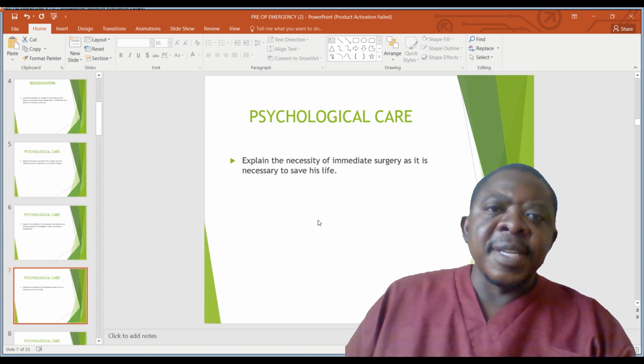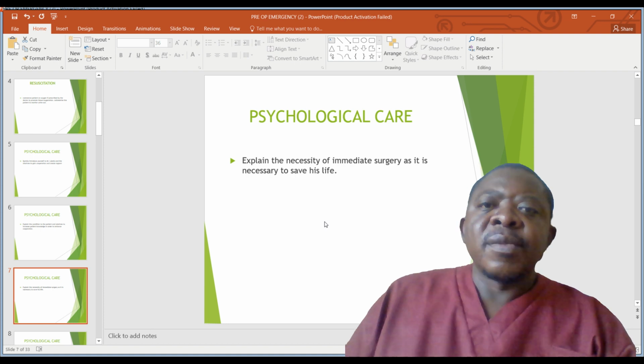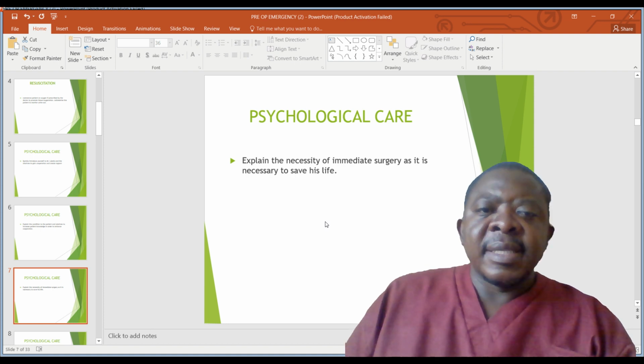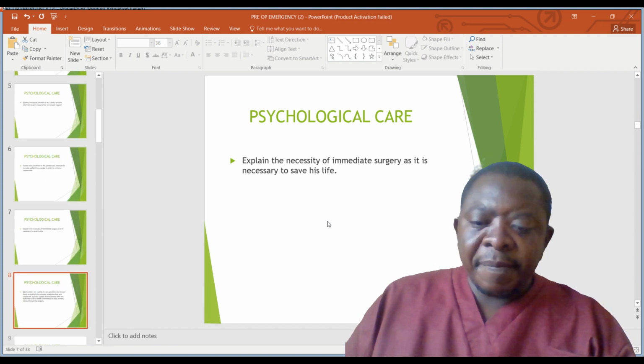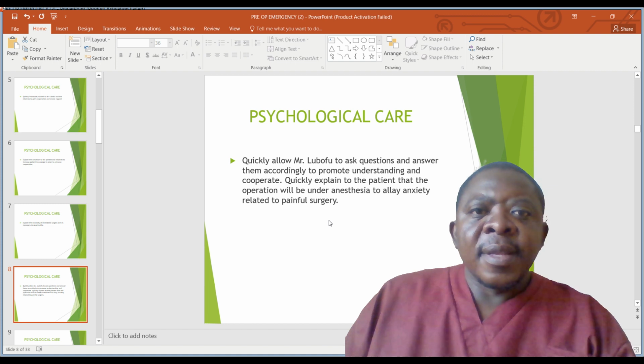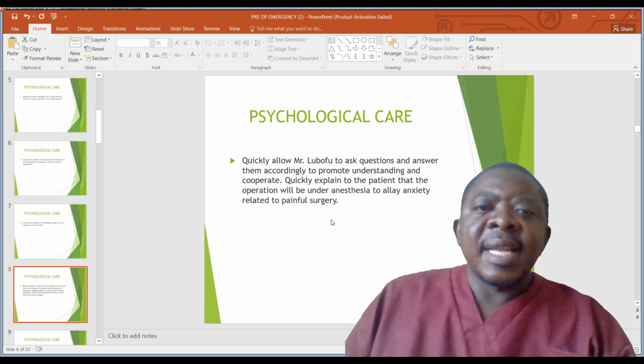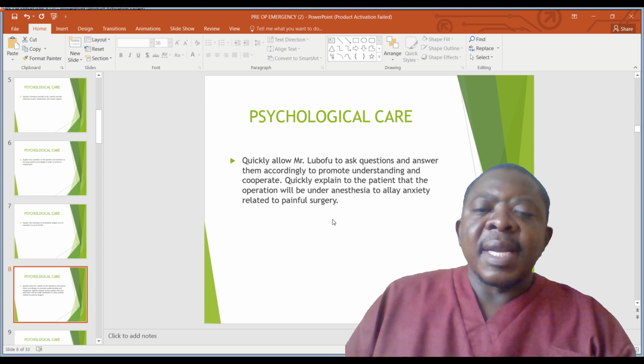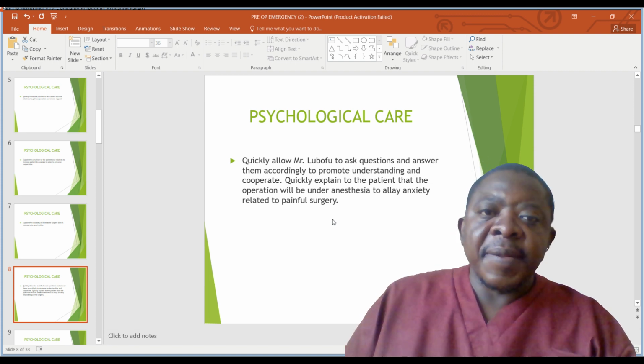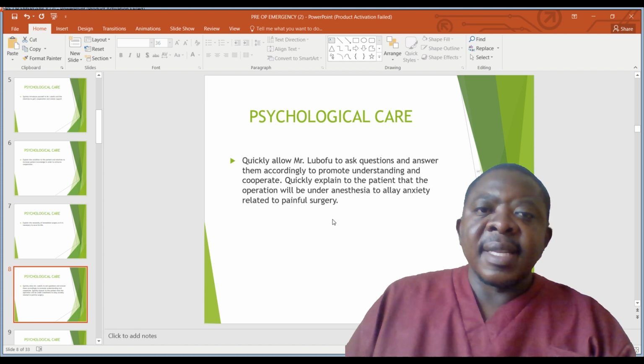You can explain the necessity of immediate surgery as it is necessary to save his life. So this will promote cooperation in the patient. Then quickly you can allow the patient to ask questions and answer them accordingly to promote understanding and cooperation. And also it helps to allay anxiety.